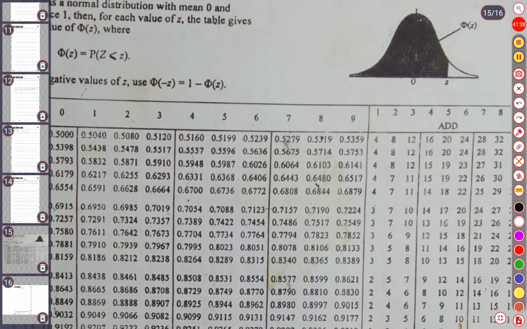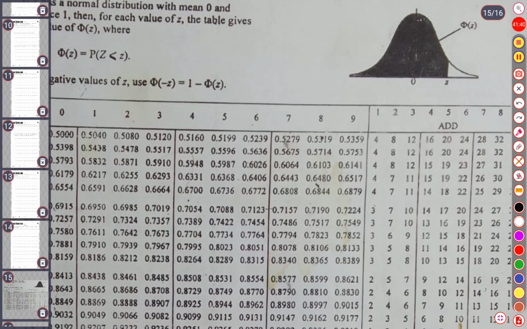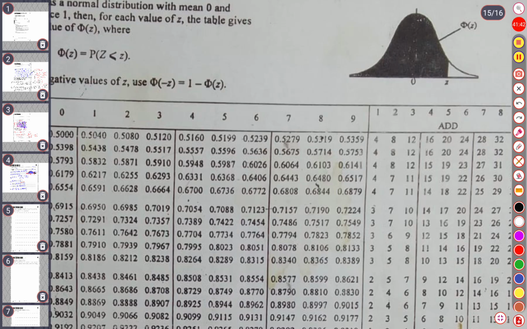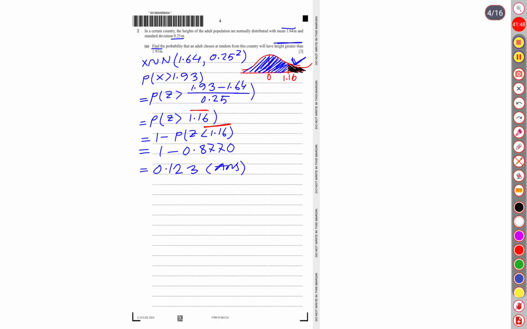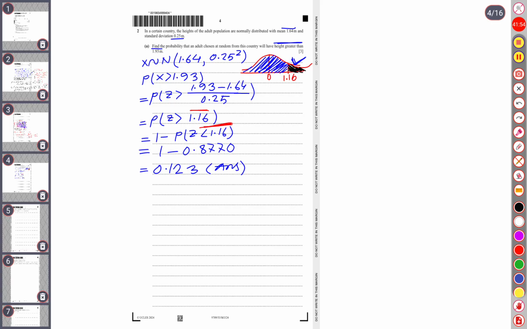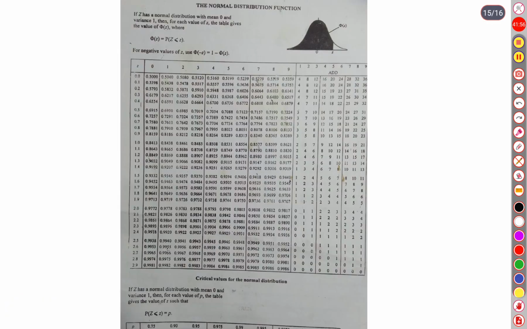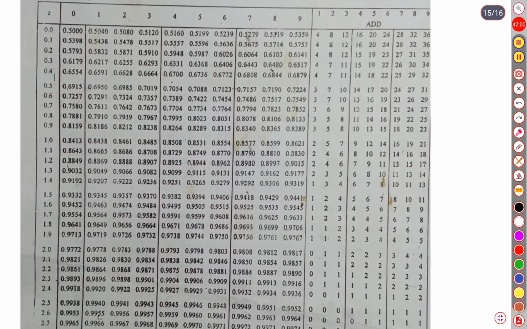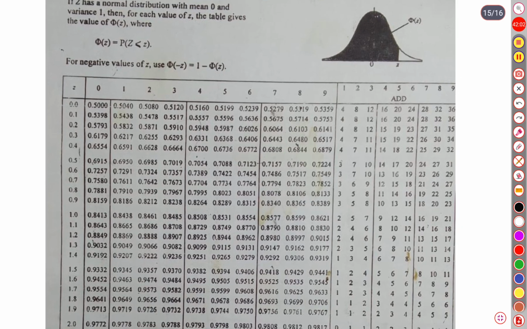Our z score is 1.16. Let us see where 1.16 lies.